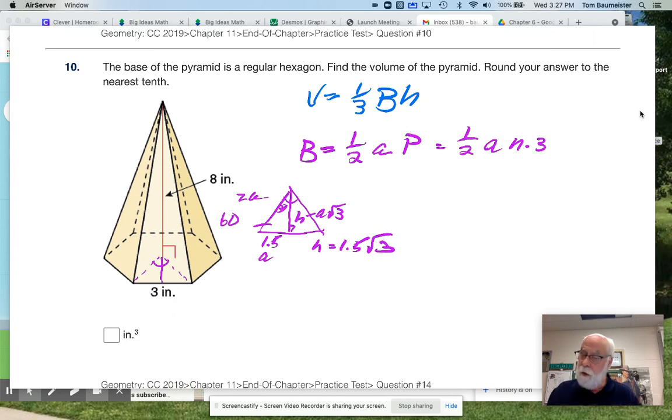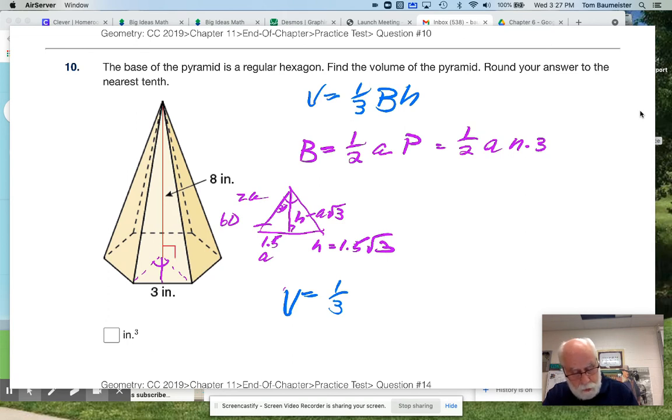So if we look at that, again, our volume is going to be 1/3 of the base.